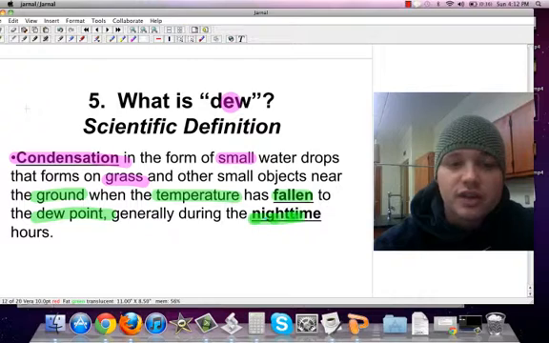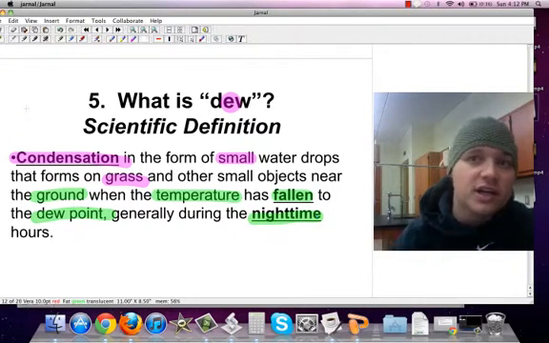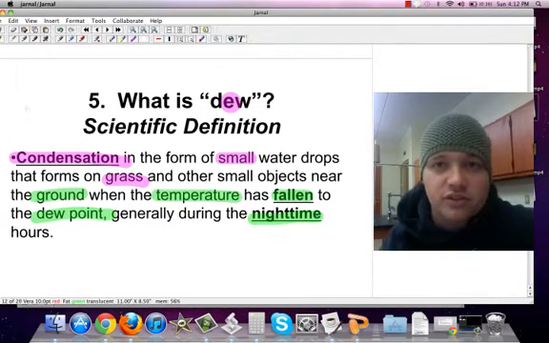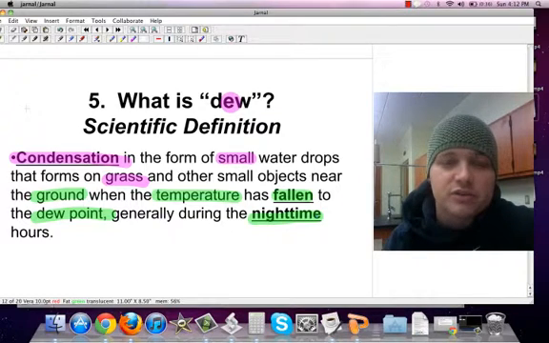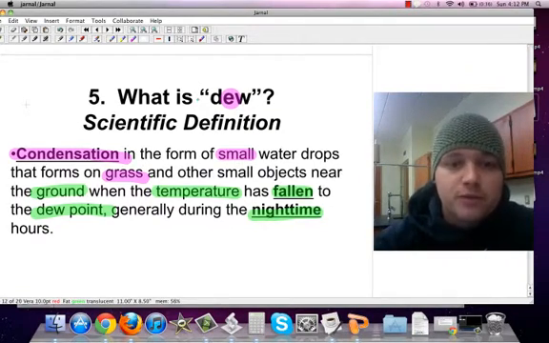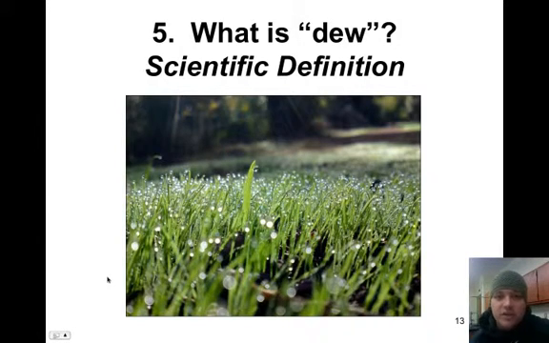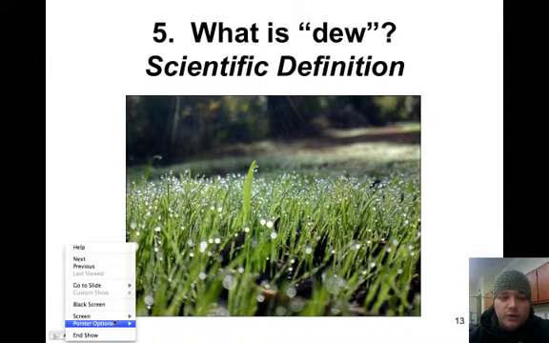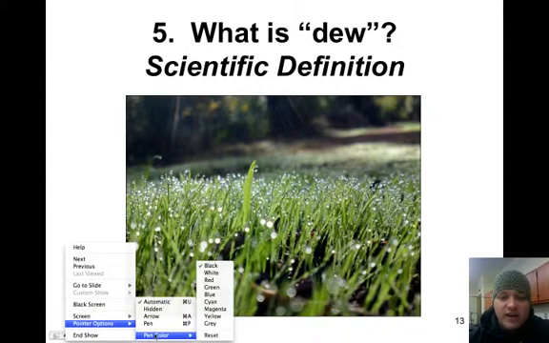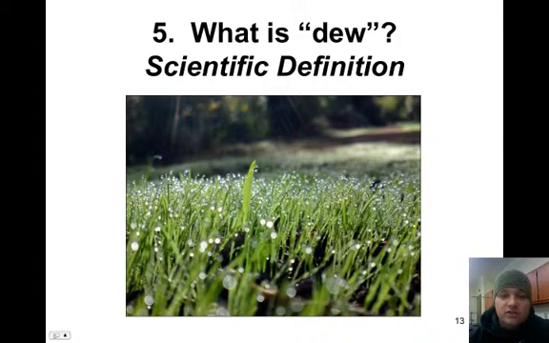It usually happens during the nighttime hours, as the sun goes down and the amount of radiation we're receiving from the sun decreases for that particular spot in time. Okay, so again, that's when dew forms. This might be something that you're familiar with having seen, especially during the summer months. You wake up in the morning and there's lots of moisture which has formed on the grass. The reason is, again, the temperature.